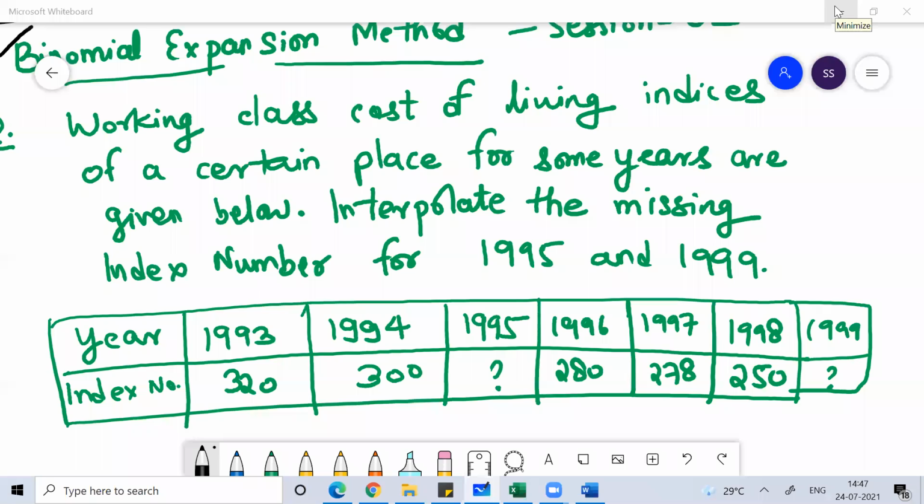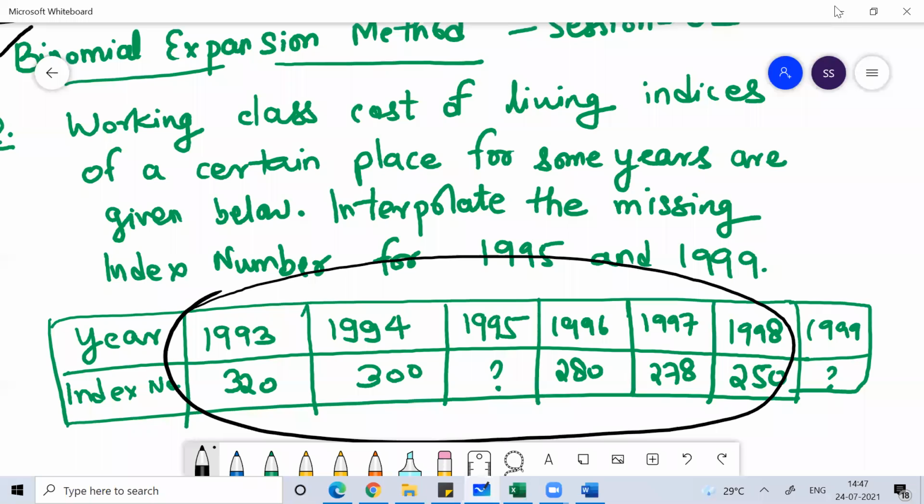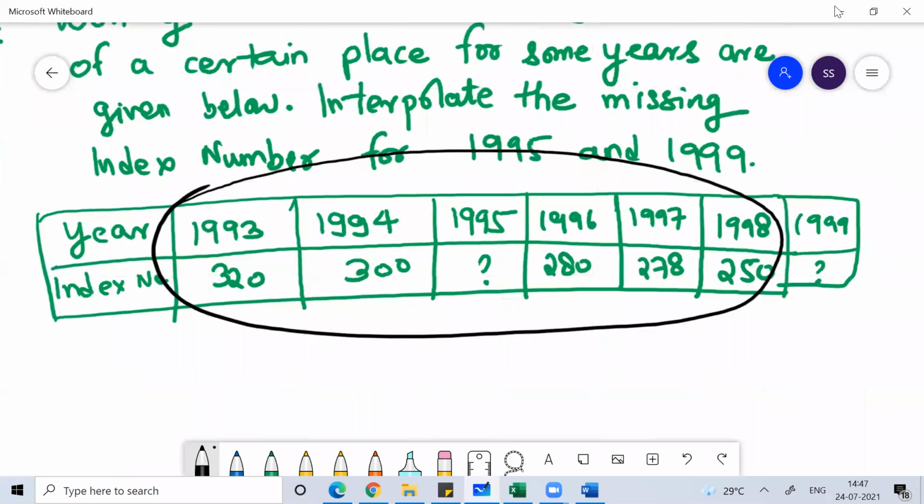This is a numerical on which we want to follow the binomial expansion method. Whenever we follow the binomial expansion method, always remember, from the known values we have in this data, the difference of the years should always be the same.